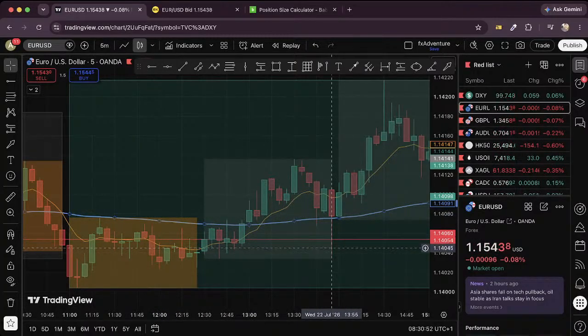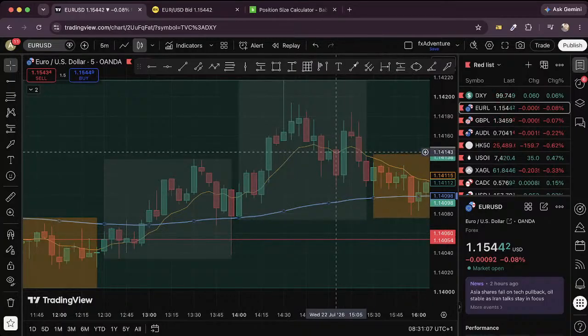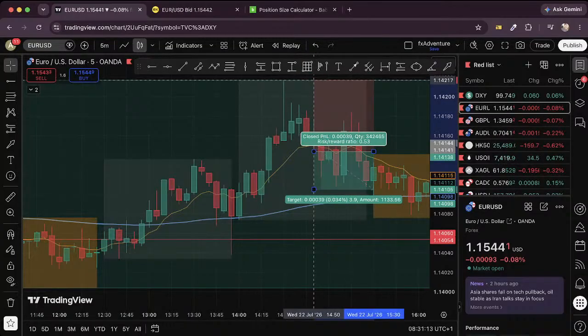This is accumulation, and the market will go up, or come back down, or continue. Here it comes back, closing below. So you can enter here. Yes. Stop loss right here.